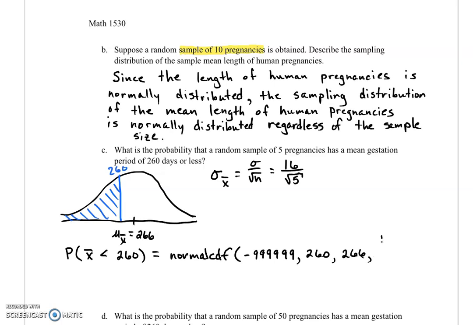And we now have a sampling distribution, so we use the standard error of the mean for the standard deviation. When we put that in, we get approximately 0.2009 for the probability.